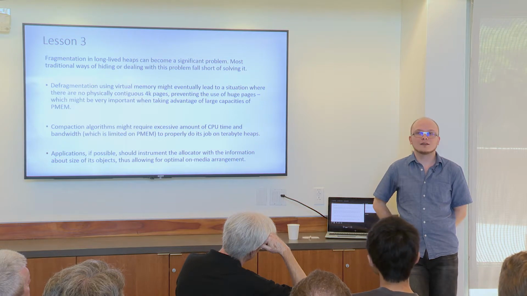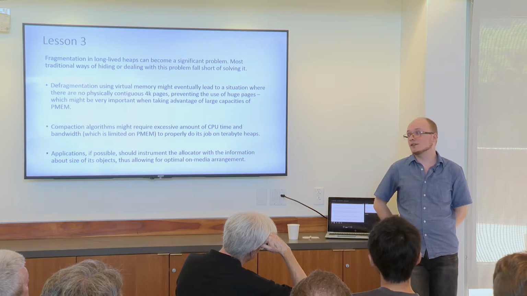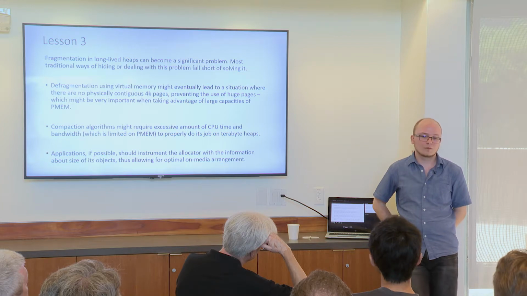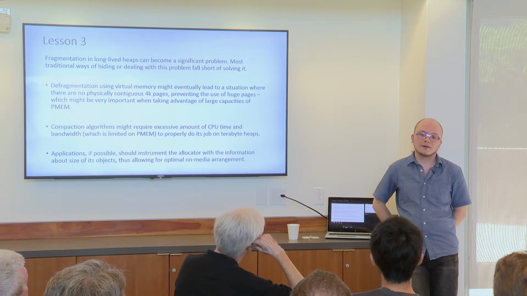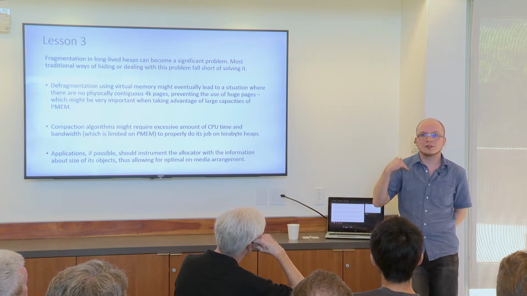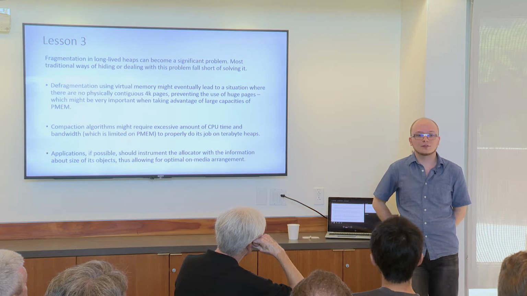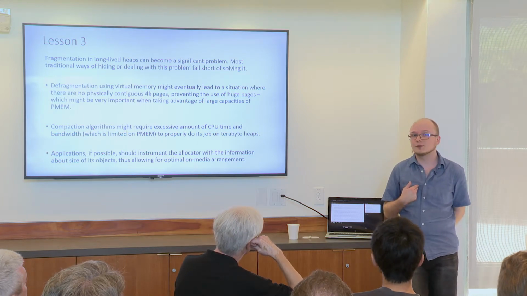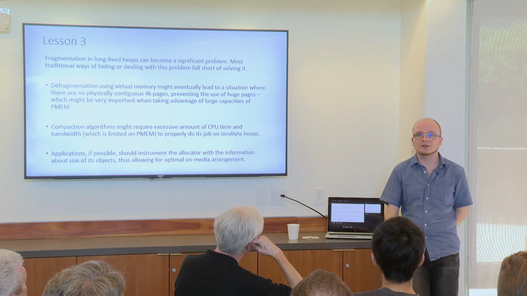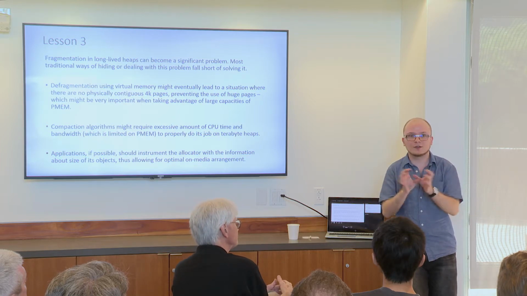There is no silver bullet that works for every single workload, and I've seen one research paper about using virtual memory as a way to defragment the heap, and it did use a segregated fit algorithm. And in LPMDK, we also use a segregated fit algorithm that does what you say, where we allocate small objects together, right?